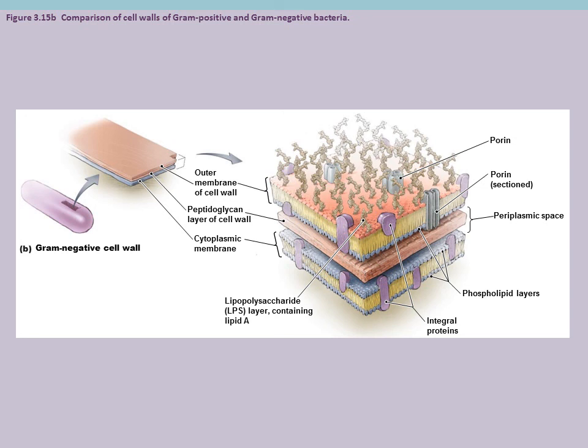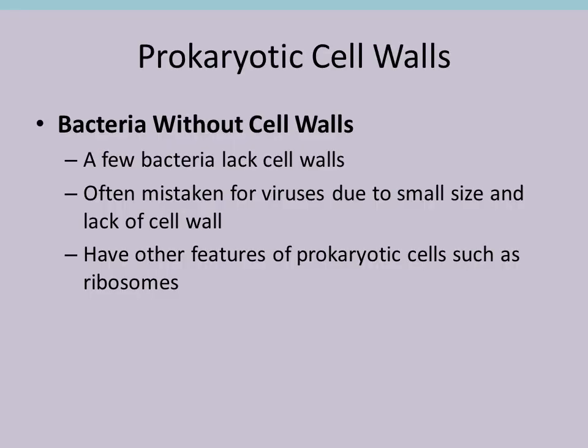There are proteins that are in it. This is a whole layer that's not there in the gram-positive. That's why they react differently to the gram stain. This is also going to play a role as to why they may react differently to antibiotics.